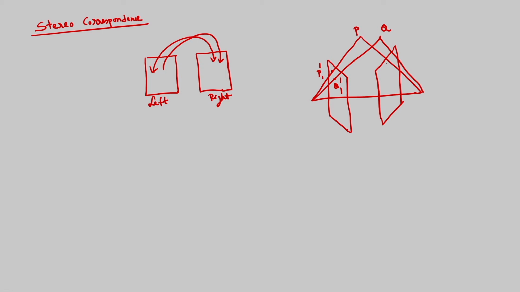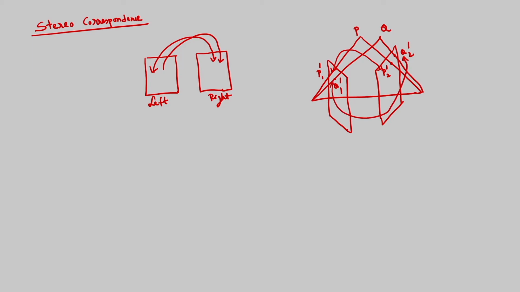Also in the right image, I have P2 dash, and another point, the projection Q2 dash. So in this case, I have to find the correspondence between the points P1 and P2. Similarly, I have to find the correspondence between the other points.